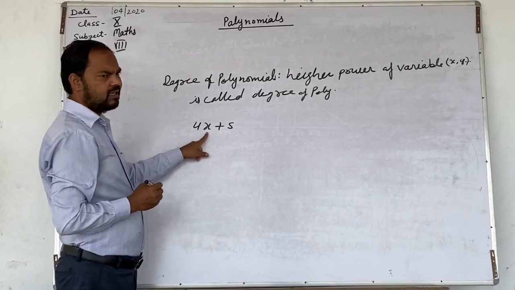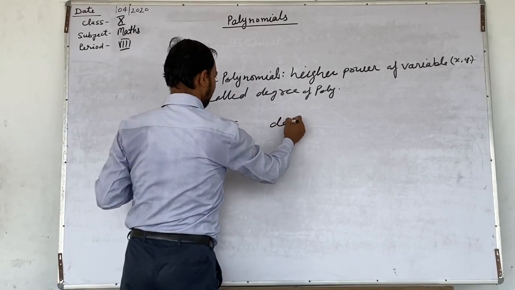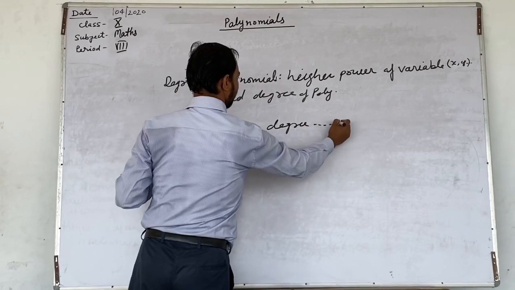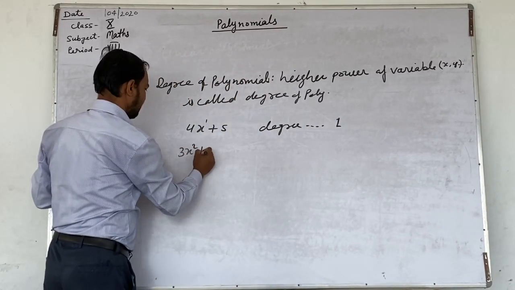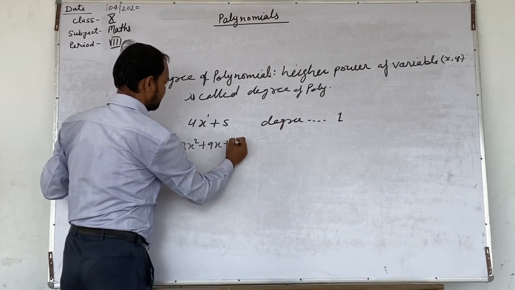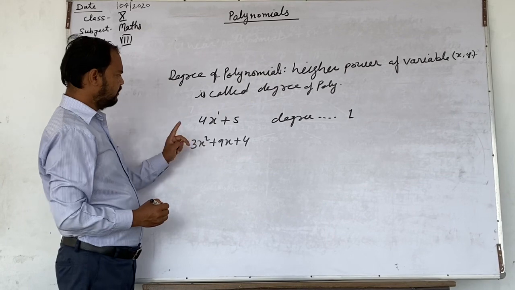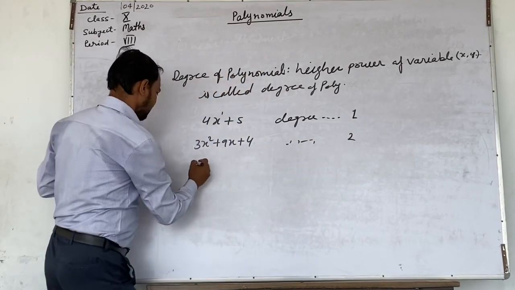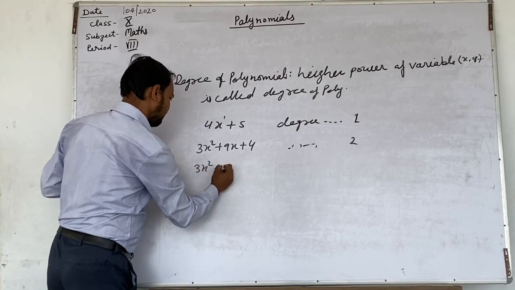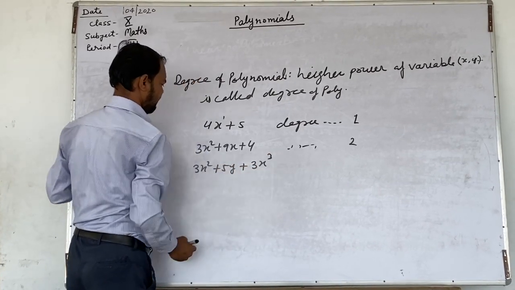Here the variable is x. Power of the variable is here 1. So degree is 1. 3x square plus 9x plus 4. What is the higher power of variable x? 2. So degree is 2. 3x square plus 5y plus 3x cube.